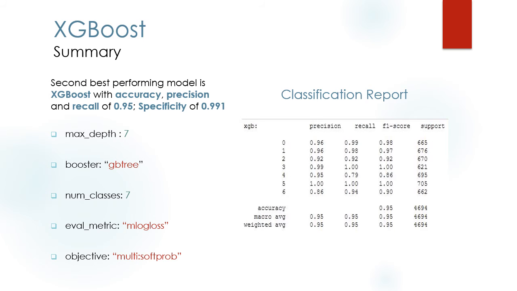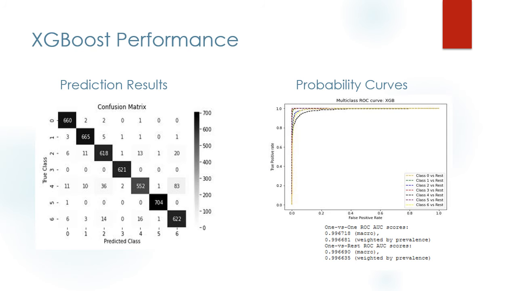First up is our runner-up model, XGBoost. XGBoost gave 95% accuracy, precision, and recall, and 0.991 specificity. A more detailed view across classes is seen in the classification report. And we see a more detailed breakdown of performance by examining the confusion matrix and the probability curves.